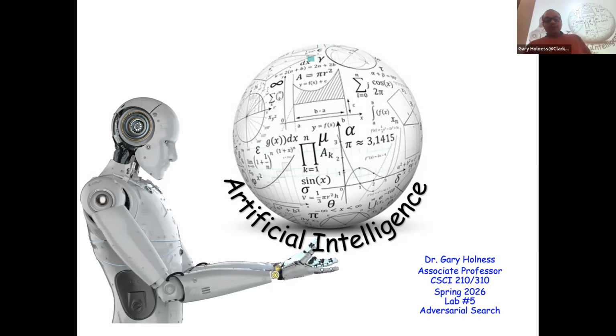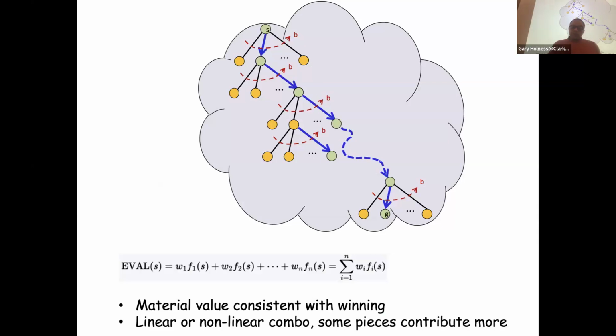All right, why don't we jump right in? So, when we talked about adversarial search, we mentioned the term utility, and we said one of the approaches you can use to compute utility is to look at certain aspects or features, as it were, of the state.